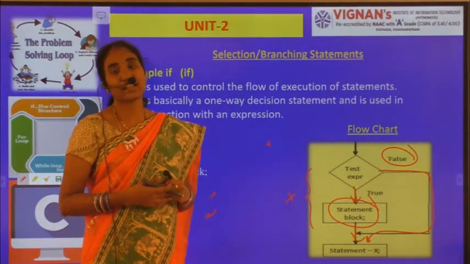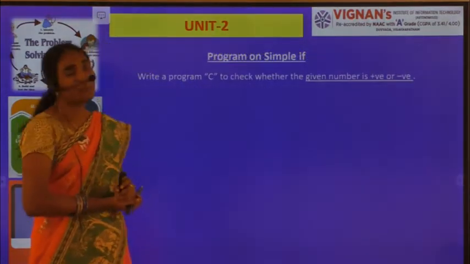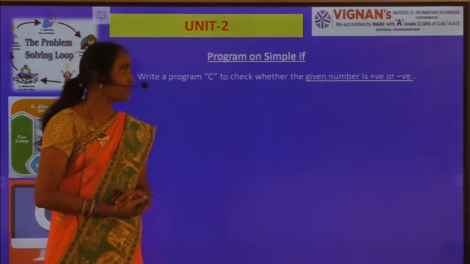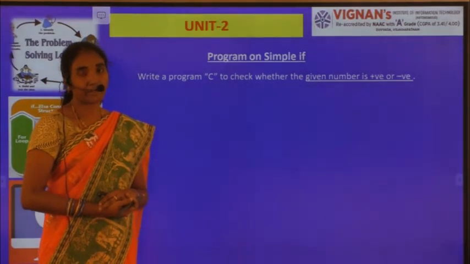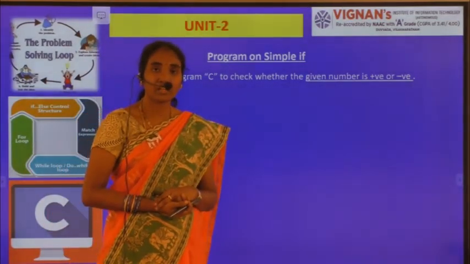Now let's see a sample program on the simple if block. Write a C program to check whether the given number is positive or negative. So how can I check whether the given number is positive or negative?